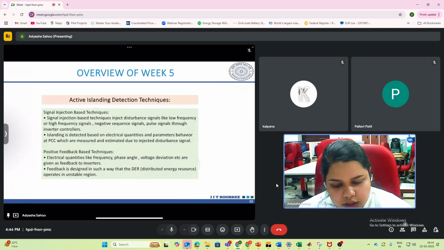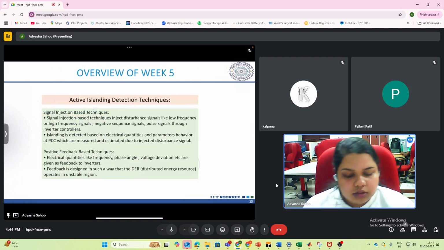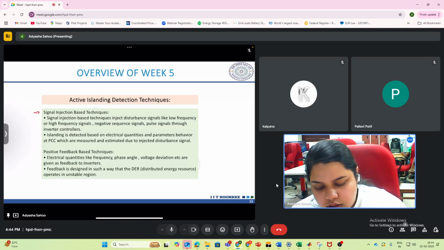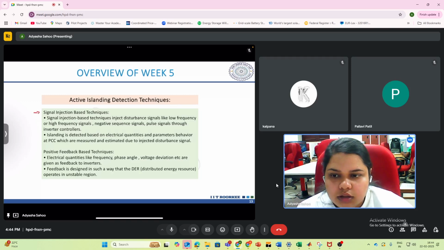Then next we have active islanding detection techniques, active IDTs. Here we are basically injecting various signals. First is the signal-based injection technique, where we introduce external disturbances, which may be of low frequency or higher frequency.